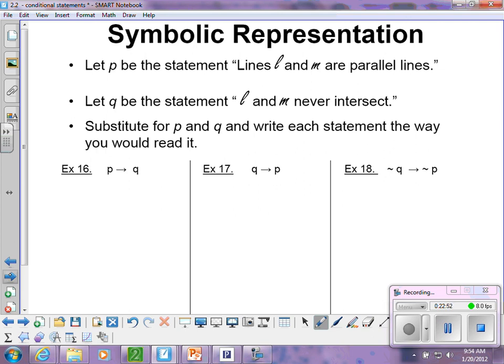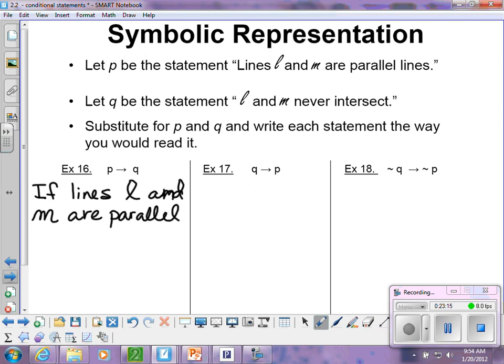So on the first one, I'm just going to put my if and thens in there, right? Because if you just put them together the way they are, they're not going to be a conditional, okay? So if lines L and M are parallel lines, then L and M never intersect.